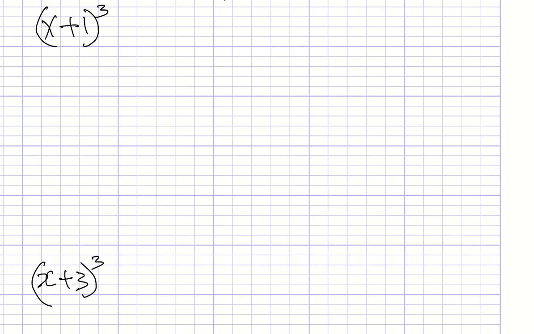You can write that as x plus 1 squared, times the other one they put in there, x plus 1. See that, right? That's why knowing about the exponent is good. You can write it like that.